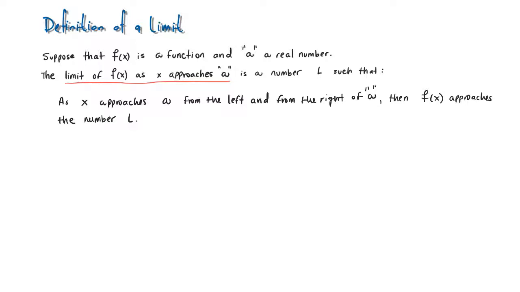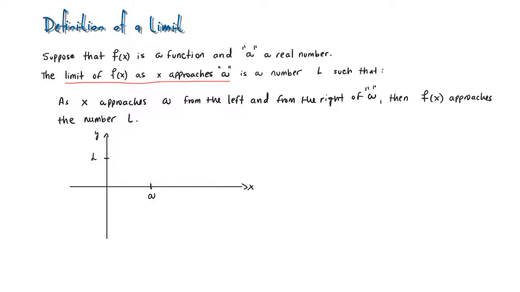So, for example, let's go ahead and have a visual. Think of this as the x-axis. You're going to think of this as the y-axis. And let's say that we position a right here. Let's say that this is that number L. So then what we are saying is the following.